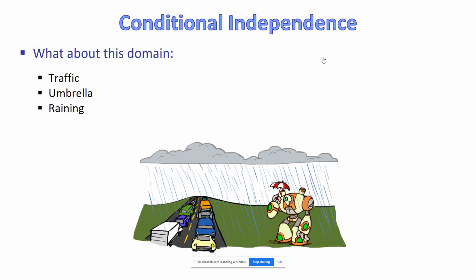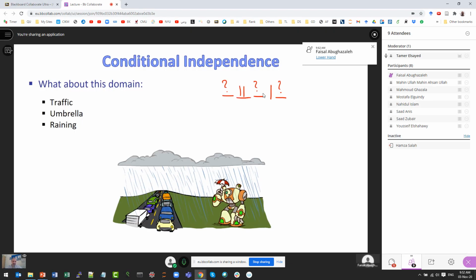But how about conditional independence? Do you see that we have a variable that is conditionally independent of the other given the third? What will be the variables here? Any thoughts? Someone other than Faisal, please.